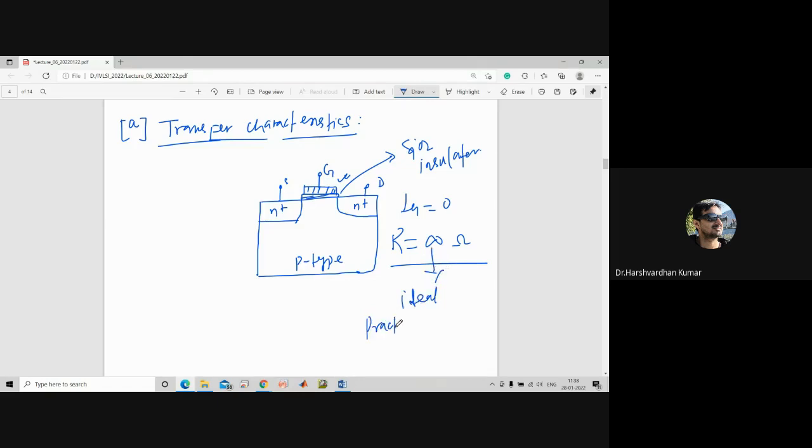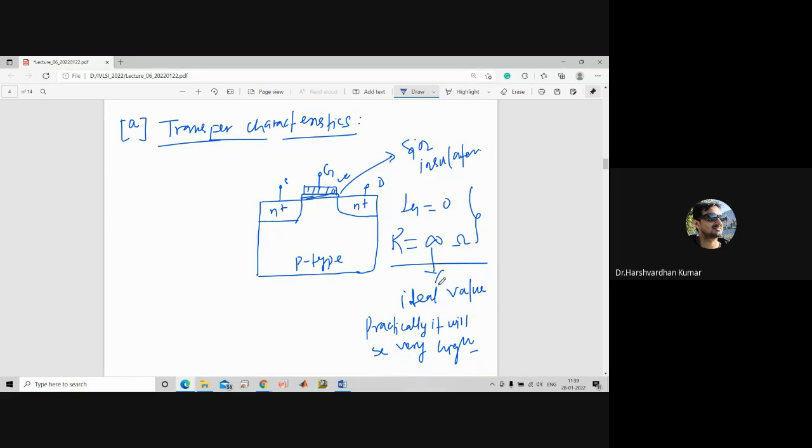However, practically it will be very high. Why am I saying very high? Always remember, this is the ideal value. Practically there will be some leakage current, in the range of picoampere or femtoampere. So practically the resistance will be very high; we cannot say it will be infinite.